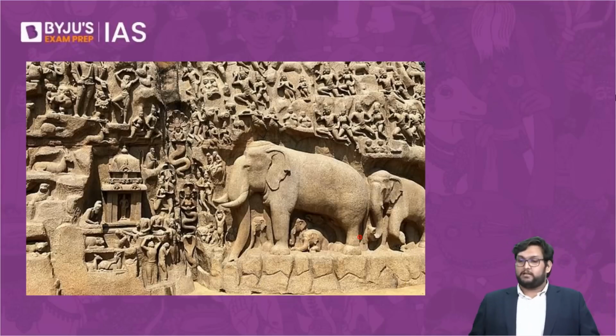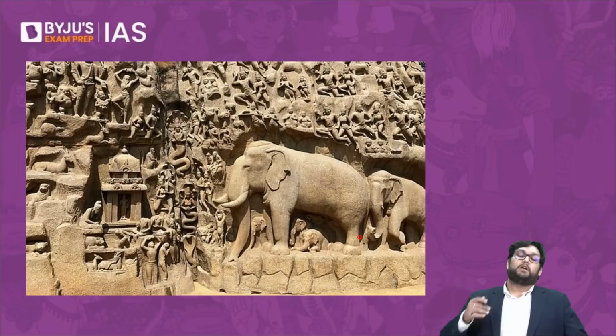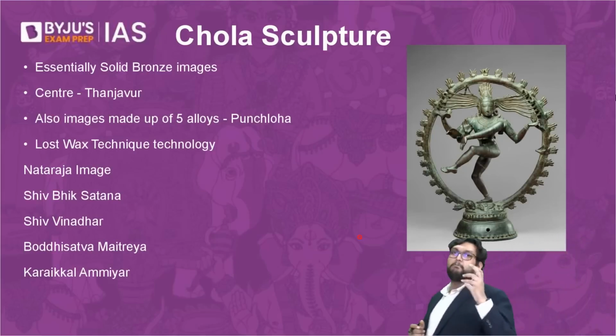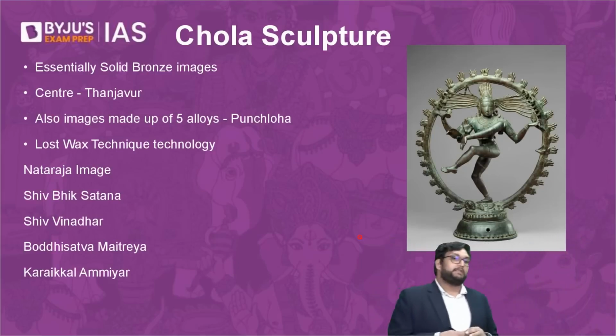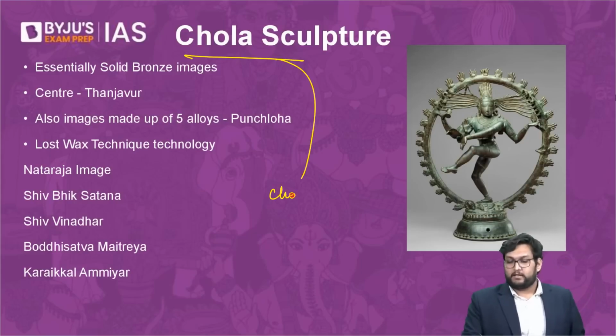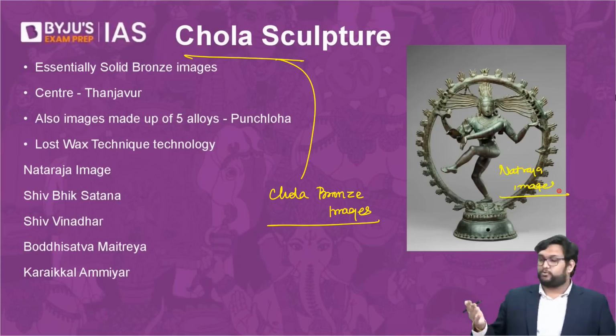But it is again the sculptors going to the southern sector, and these sculptors will then create a masterpiece in the form of what is called Chola bronze images. The most celebrated of it, the Nataraja image, which till today is considered the most expensive.